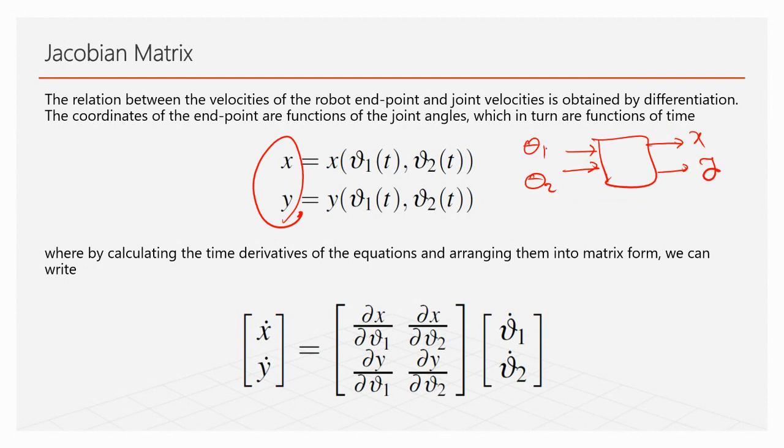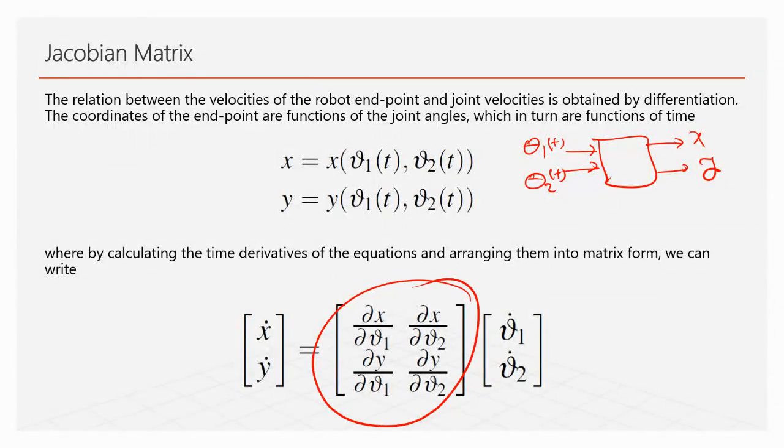And also, we know that these theta 1, theta 2 are functions of time. So the derivative in this case is rather complicated compared with the original one, or we have to think bigger actually. We have to think in two or more dimensions to be able to write that. And that's how we end up with the Jacobian matrix.